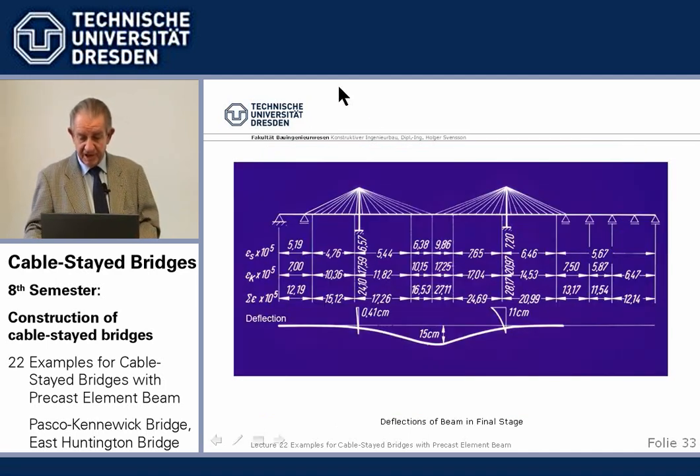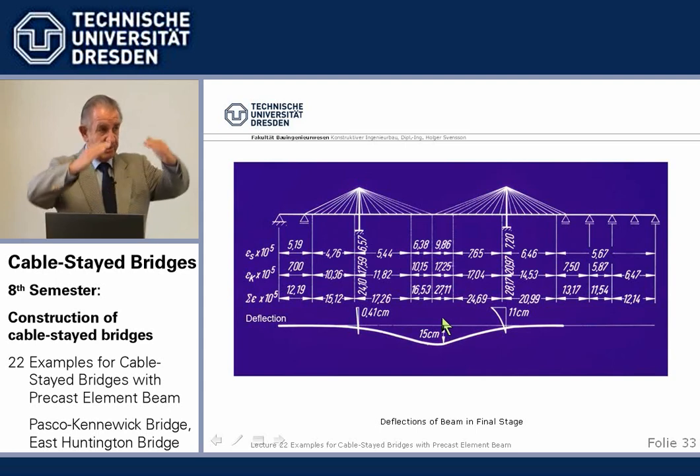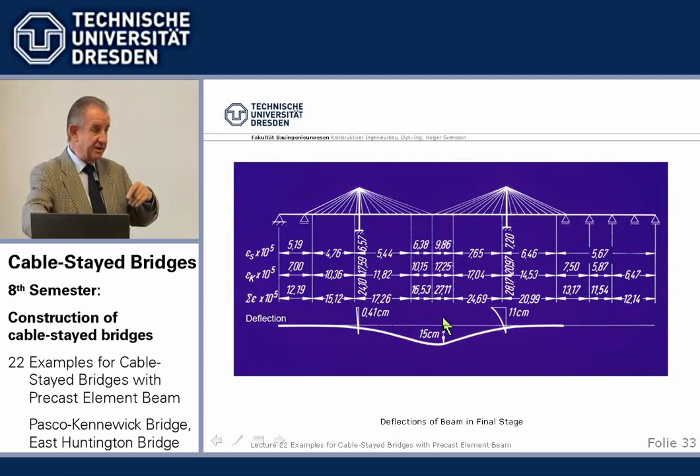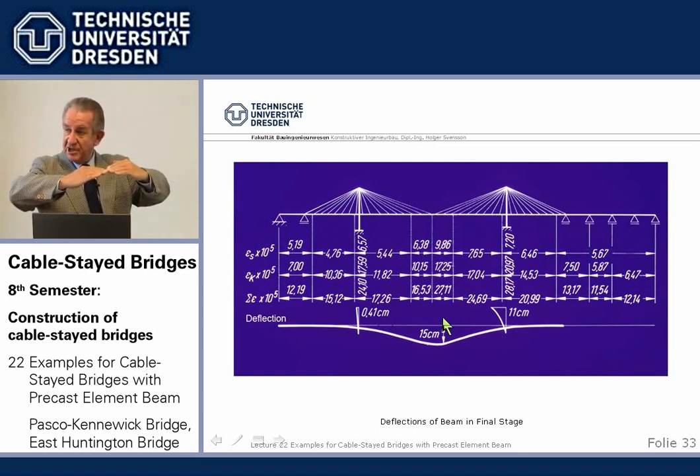Also, in the final stage, after joint closure, what happens from shrinkage and creep? Well, basically, we have a deflection of about 15 centimeters, which of course does not take place by this, but we super-elevate the beam by 15 centimeters. We build it negatively too high, so that at the end of shrinkage and creep, it's where it shall be.